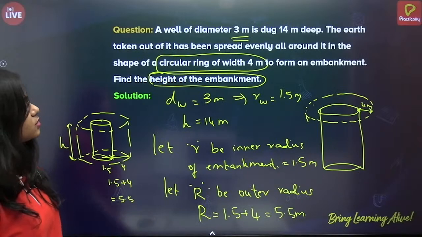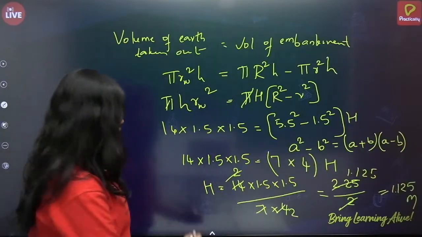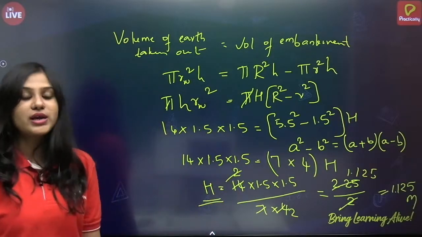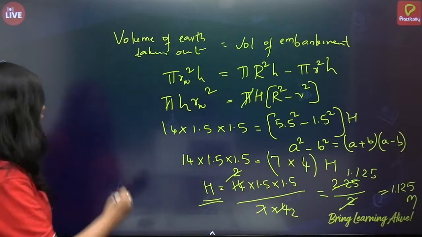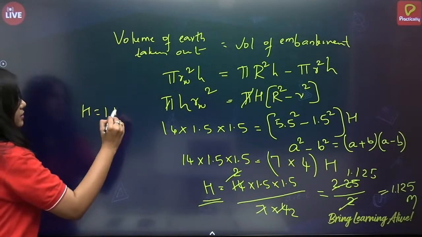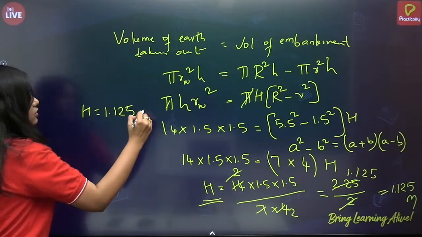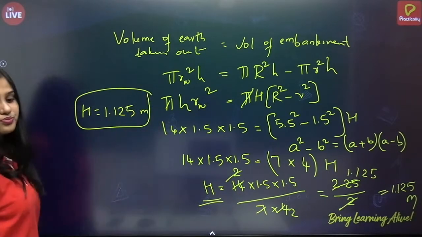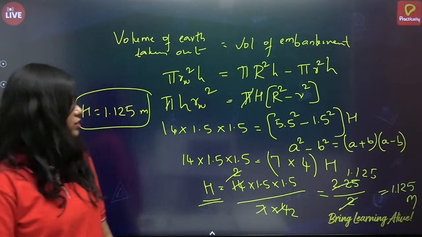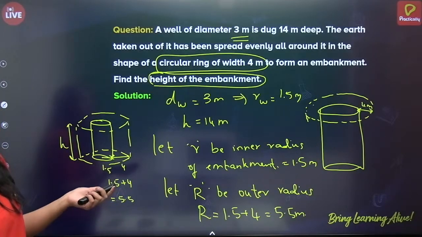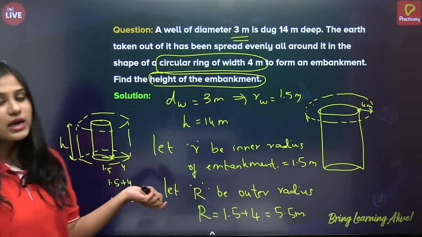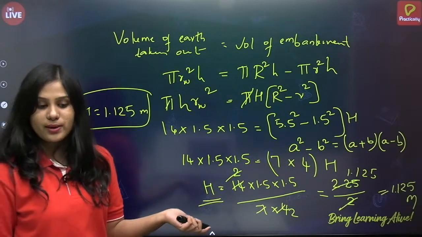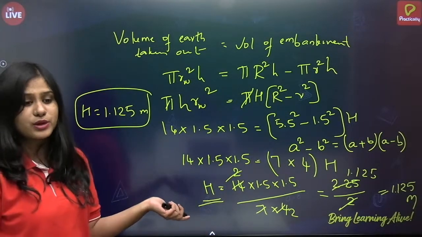Is it in meters or centimeters? It's in meters. So of course, the height of the embankment is 1.125 meters. Okay, so this is the problem and it's very simple. You have to just understand it and apply it, because you know the formula by now, correct?